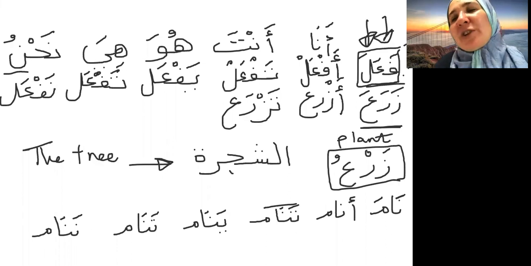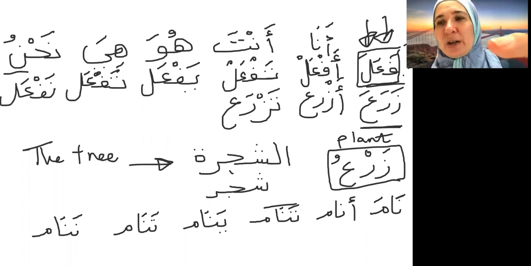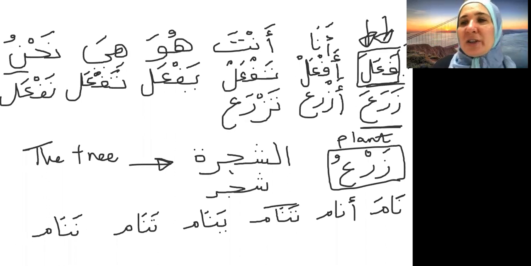If we say many trees, we can say شجر. And this comes in Quran. I think we see it a few times in Quran. I don't remember which surah, but it comes in Quran. So shajar, shajarun means trees.